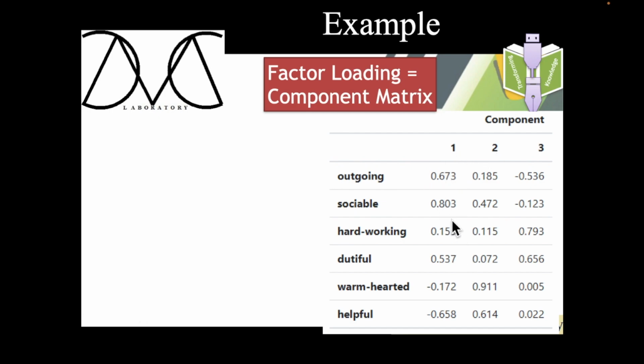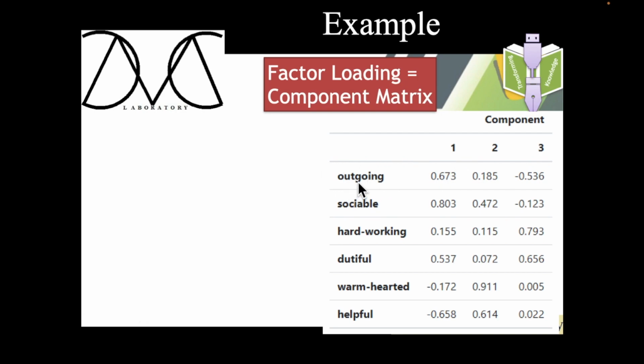Sometimes you may have similar values, almost similar or exactly similar, and the situations are different in those cases. I am not going into that part, but in a simpler scenario where you have a high value of correlation in the component matrix, you can relate those variables with those factors.